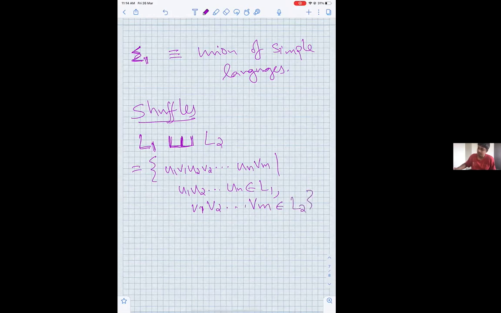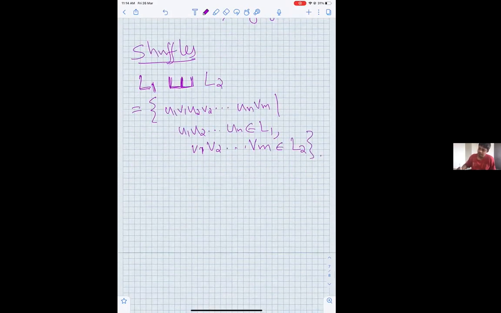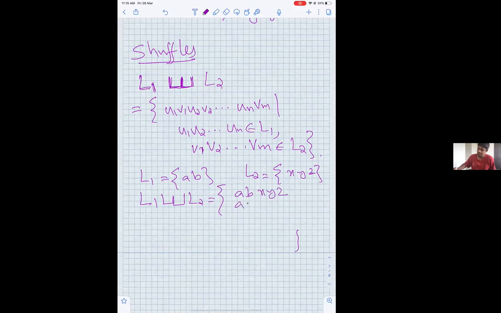What is shuffle? So for instance, if I have, let's imagine L1 is the word AB and L2 is the word XYZ. So then L1 shuffle L2 will be, I have a number of words. So first it's AB, XYZ, then A, X, B, Y, Z, then A, X, Y, B, Z, then A, X, Y, Z, B, similarly, and so on.